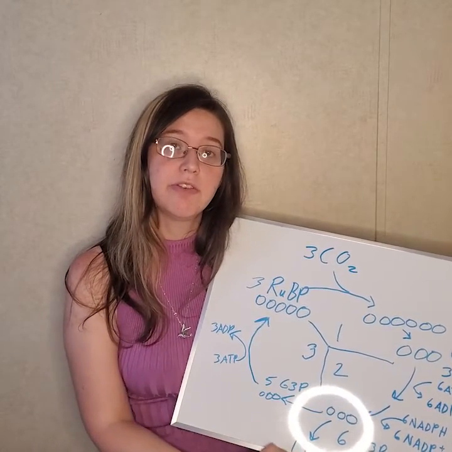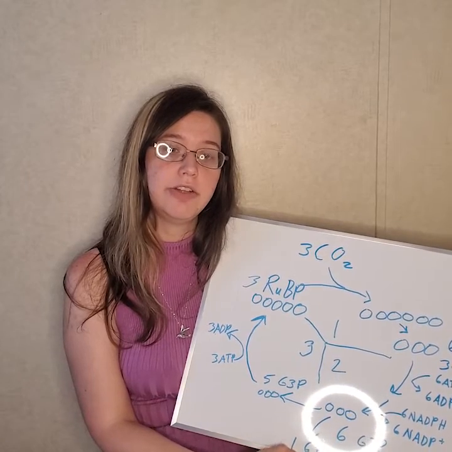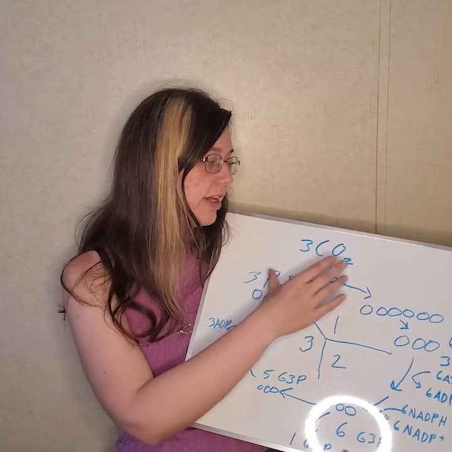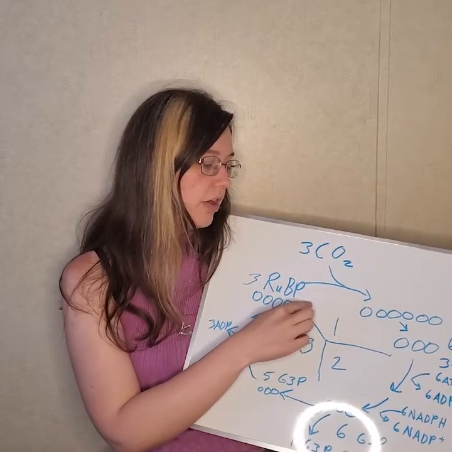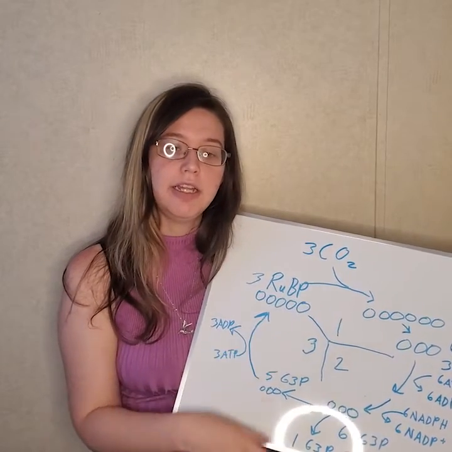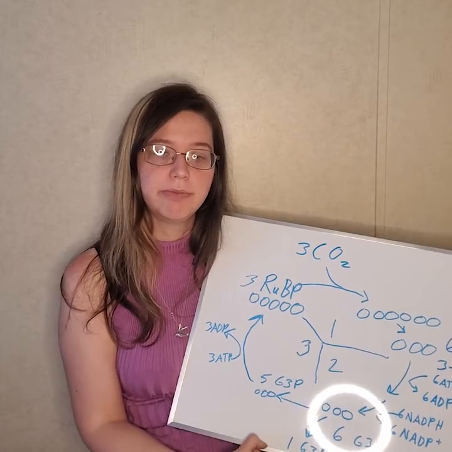Rubisco stands for ribulose bisphosphate carboxylase oxygenase. The carboxylase is because it carboxylates RuBP, adding the carbon dioxide to it, and then the oxygenase is because it also acts to oxidize molecules.